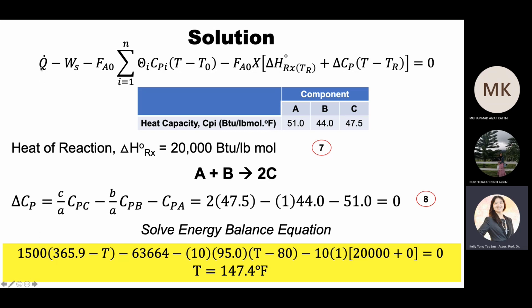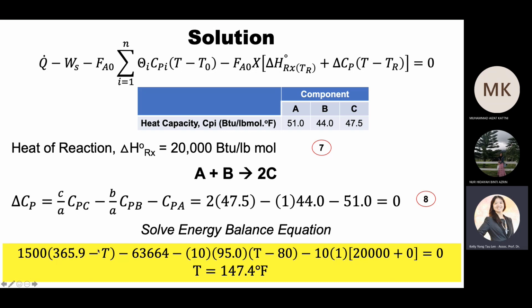So kamu tengok tadi yang Q yang kita kira 1005, 365.9 minus T, kita ganti Q dengan nilai yang tadi, minus WS ganti juga, minus FA0 10, ganti summation theta I CPI 95, in bracket T masih ada minus feed temperature 80, here minus FA0 again 10, X 1, heat of reaction 20,000 yang diberi plus delta CP kosong.